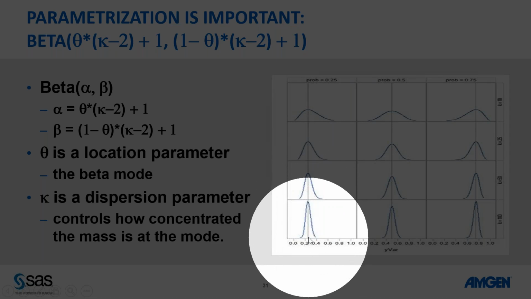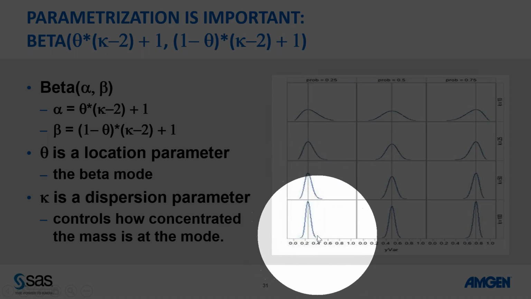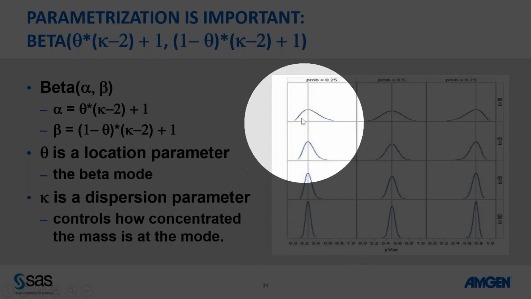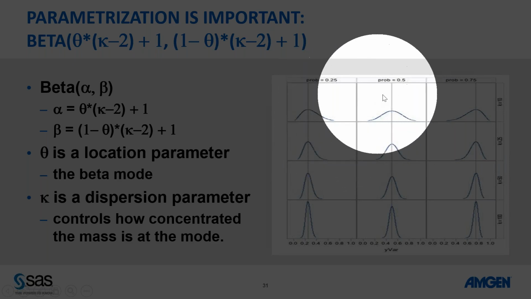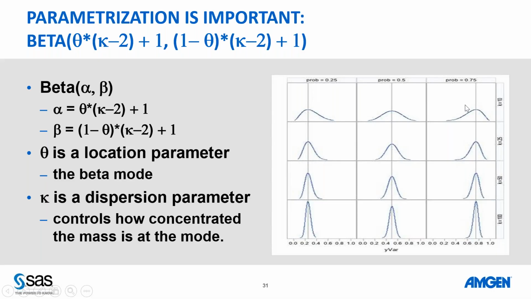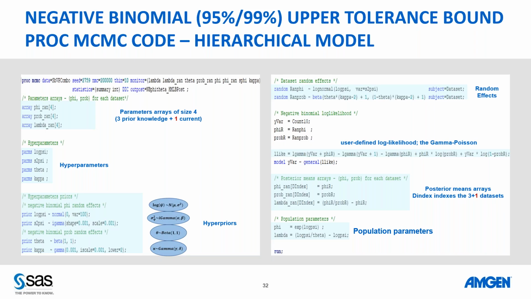You can see parameters that allow us to control that. So as we increase k, the dispersion decreases, so you're more concentrated around that, and the location parameter just moves where you are. This is 2.5, this is 0.5, this is 0.75. So this, for us, is a nice way of controlling the beta distribution in terms of something that we as statisticians are very familiar with, which is location and dispersion. Okay? So just a little side there.